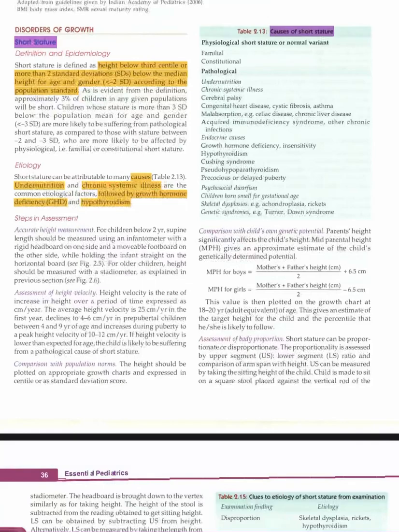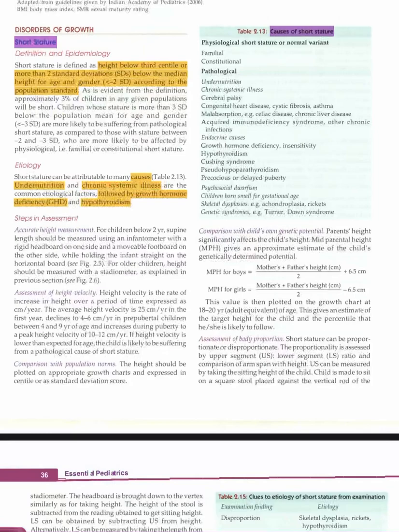Okay, so causes. Look at the causes, table 2.3, causes of short stature. More important points: physiological short stature, familial, constitutional; pathological: undernutrition, chronic systemic illness, cerebral palsy, congenital heart disease, cystic fibrosis, asthma, malabsorption, celiac disease, chronic liver disease, acquired immunodeficiency.